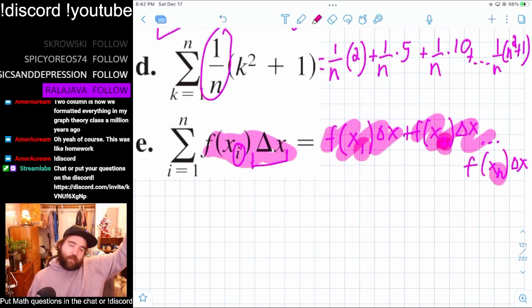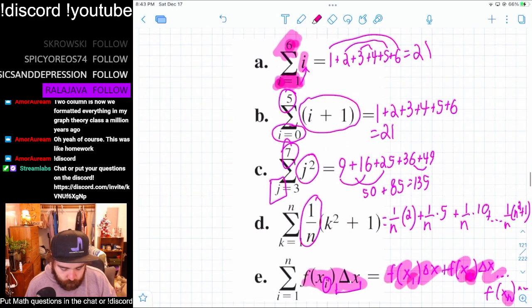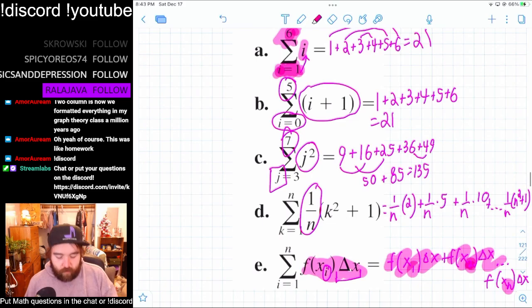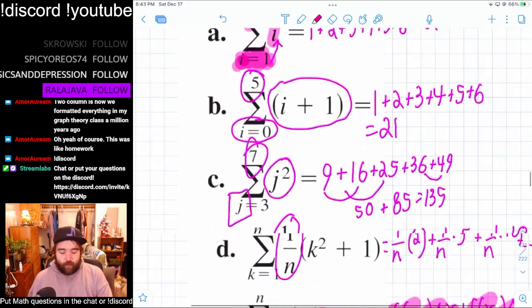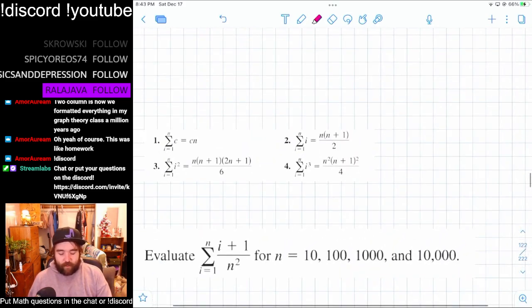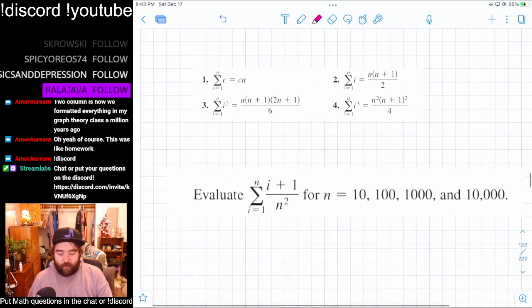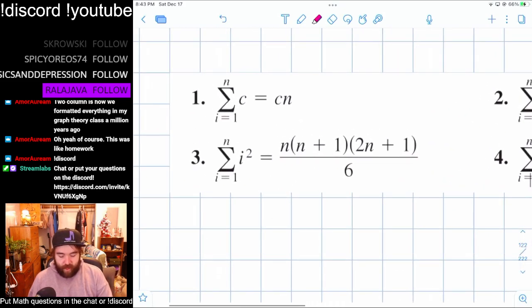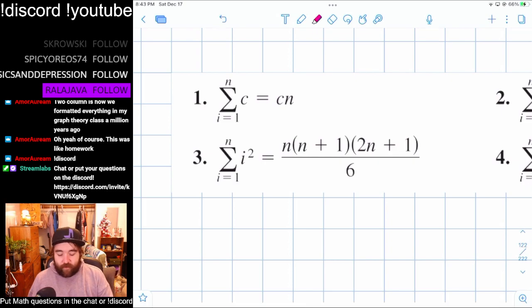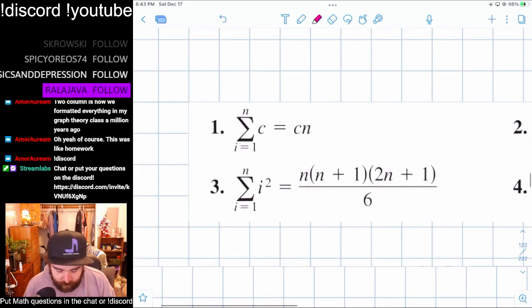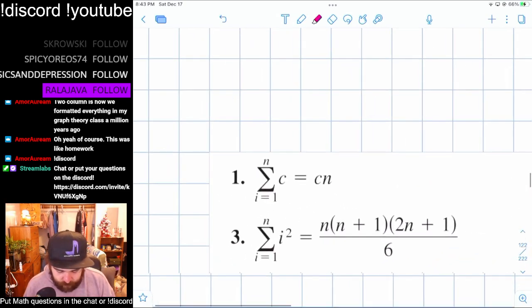It goes from 1 to 2 to 3 to 4, all the way up to n. So that's what summation notation means. But then we have these formulas as well that allow us to simplify some stuff. So let's think about some of these formulas for a bit.